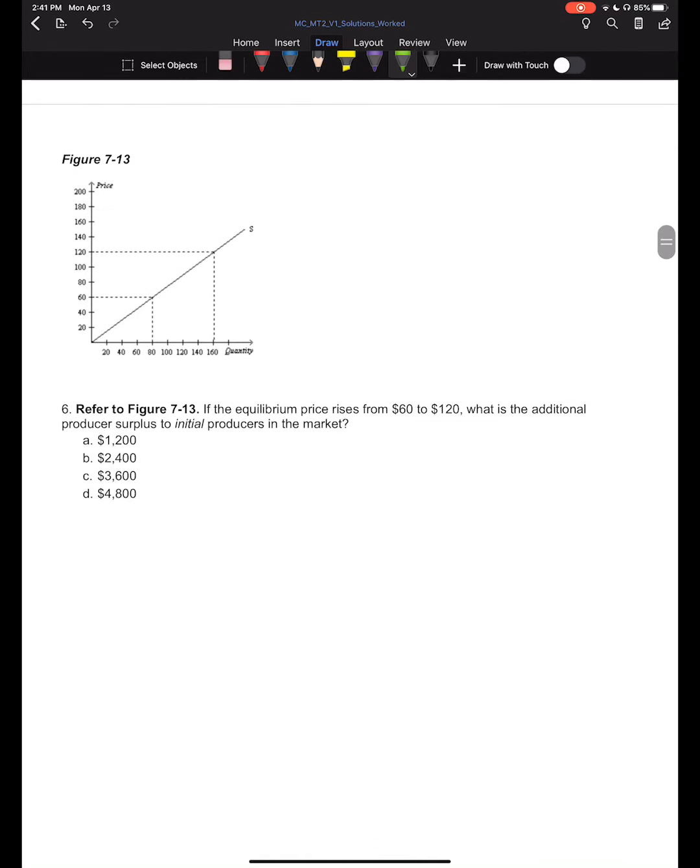Question 6. If the equilibrium price rises from 60 to 120, what is the additional producer surplus to initial producers in the market? So here we have a few things. Our initial producer surplus is this area, the area below the price and above supply.